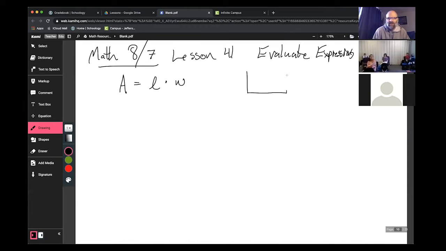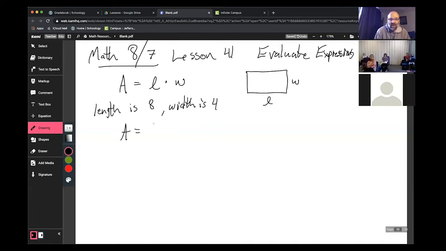So if you have a rectangle with a length L and a width W, to find the area we plug in the L and W. If the length is 8 and the width is 4, then A equals 8 times 4, because you're plugging 8 in for L and 4 in for W. And that's 32 square feet.